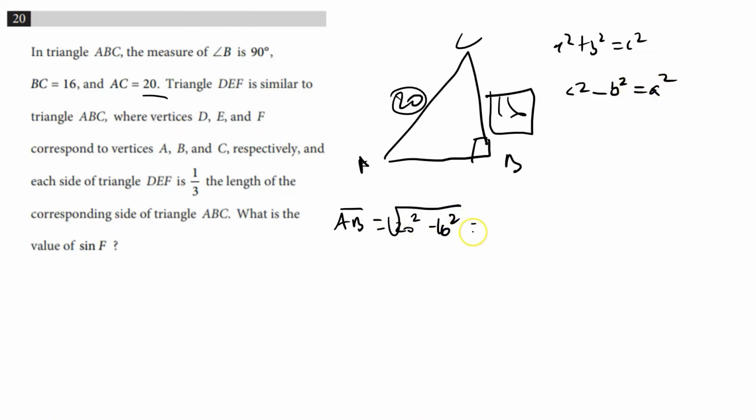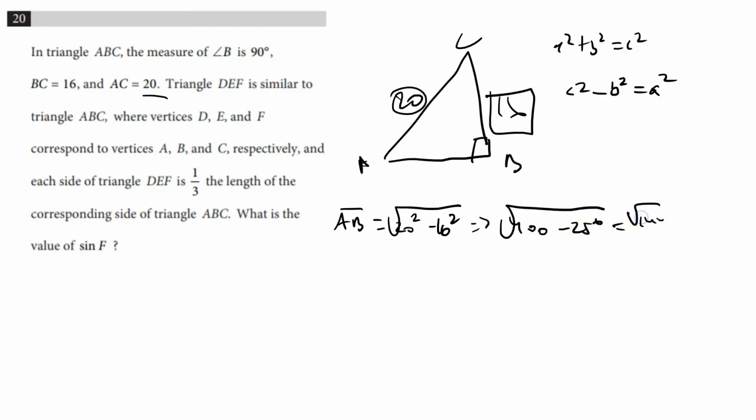So we take the square root. 20 squared is 400, and 16 squared is 256. 400 minus 256 is 144.